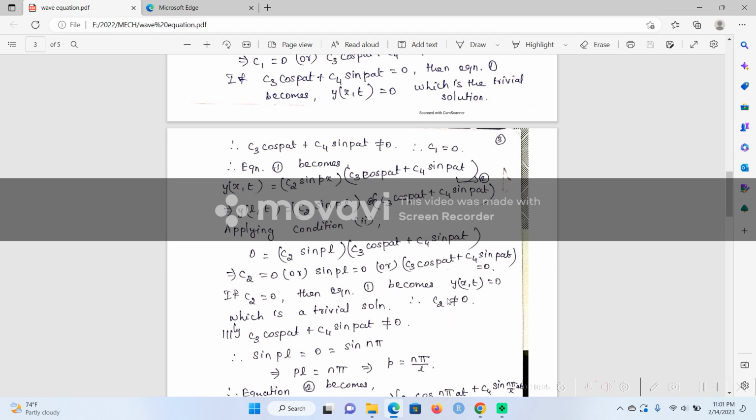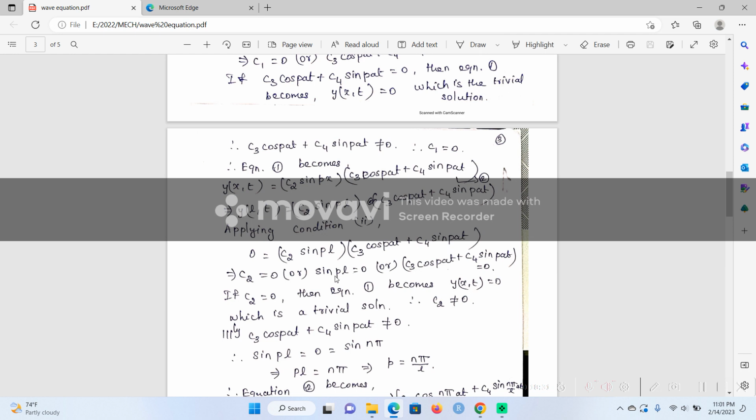So C2 need not be 0. Similarly, as we discussed above, C3 cos pat plus C4 sin pat, that one also need not be 0 because that one also leads to a trivial solution. So C2 is not equal to 0 and this term is also not equal to 0, which is confirmed.